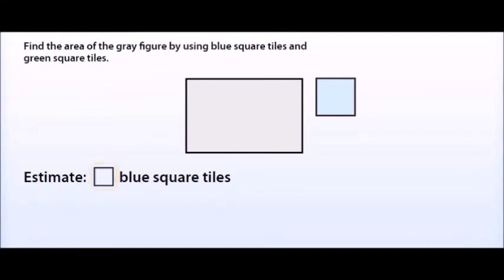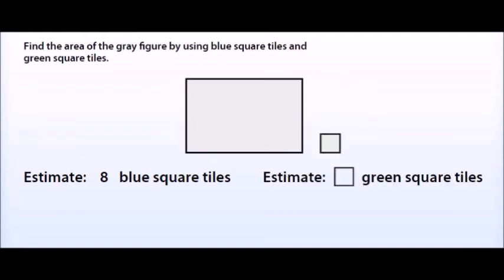So 8 blue tiles is a good estimate. Now, let's estimate the number of green square tiles it will take to cover the gray figure. It looks like it will take about 5 rows of green tiles, with 6 tiles in each row. So 30 green tiles is a good estimate.